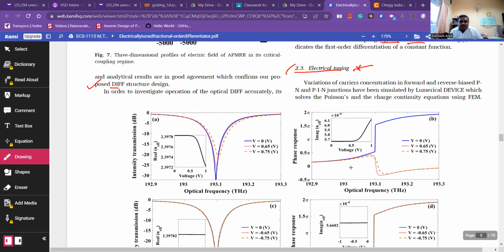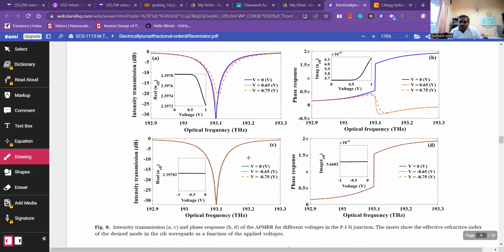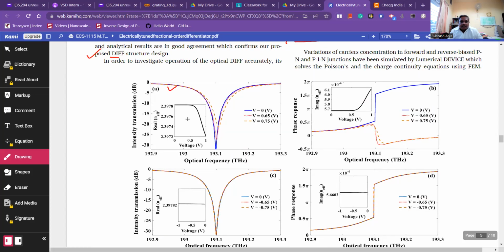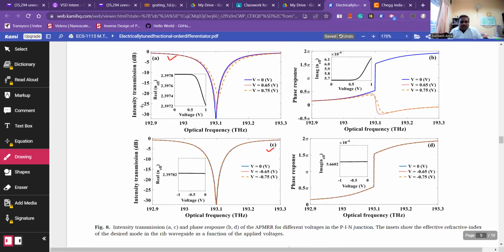So these are some curves. Just before going forward, we will just scan. Image A is intensity transmission, A, C, and phase response B and D. So A is here, up, this one, and C, this one. So this is the intensity transmission.